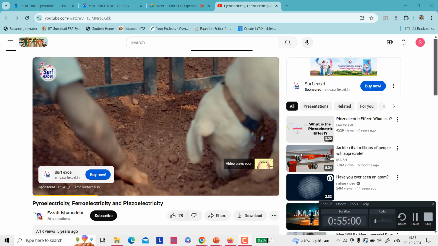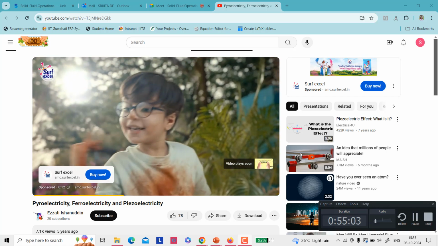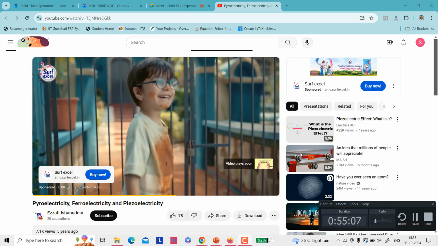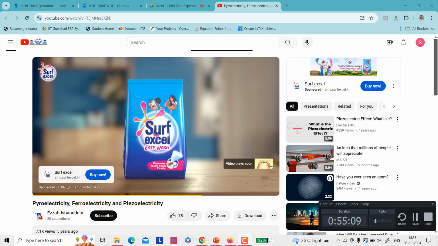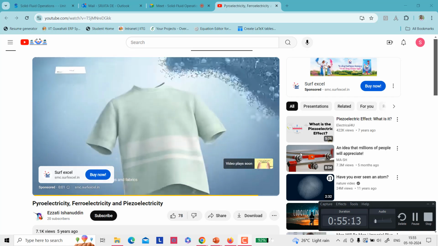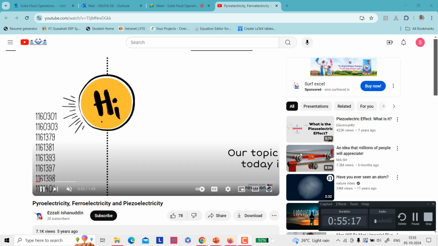So now they are saying, what is ferroelectricity? They are showing three types of electricity here, the difference between the three. First one is pyroelectricity. Pyroelectricity is the ability of certain materials to generate a temporary voltage when they are heated or cooled.